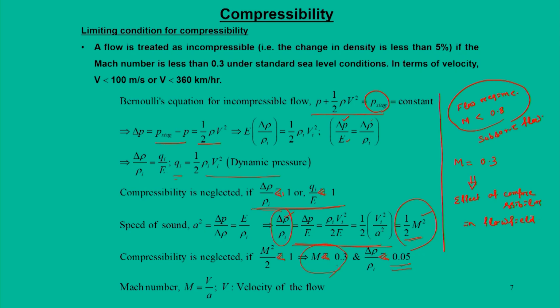Many times it is difficult to measure the density; rather, Mach number is the catch that tells you whether the effect of compressibility has to be taken into account or not.